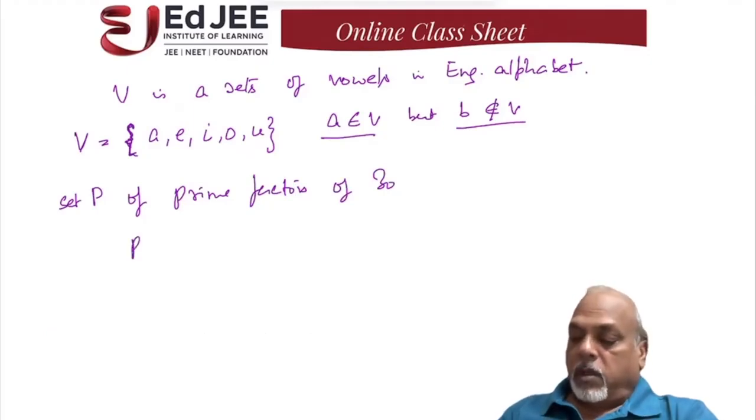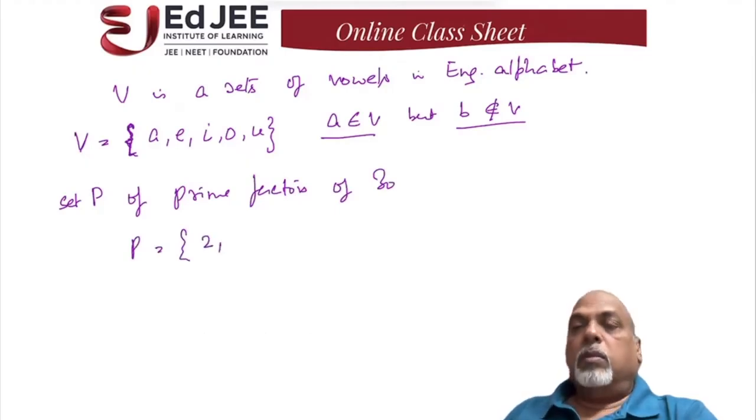So what will be the elements of this? 2, 3, 5.